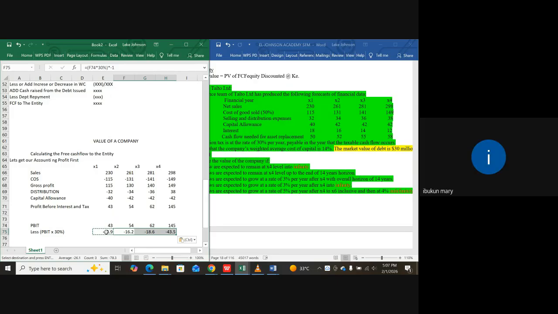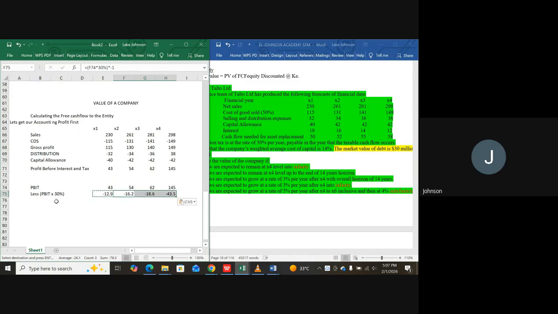So what is the next thing that we need to do? Once we have gotten this, the next thing is to add back non-cash items, which in this case is our capital allowance.